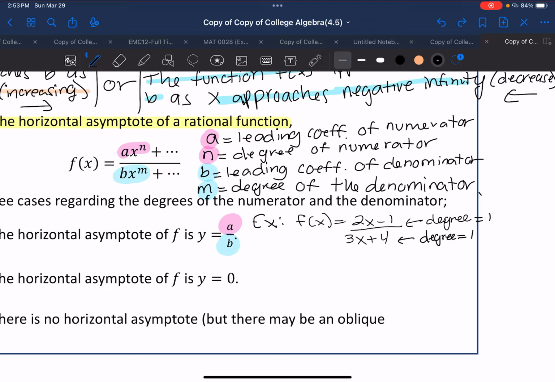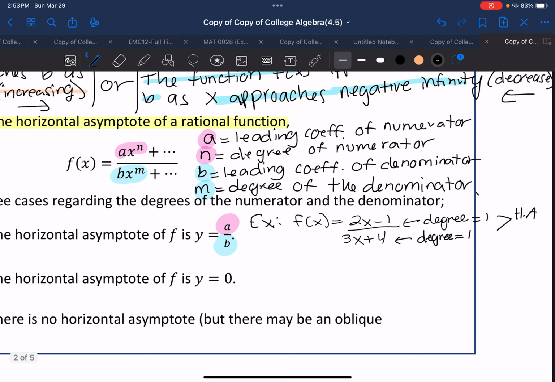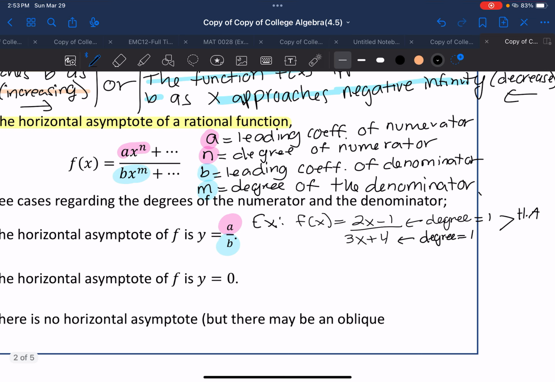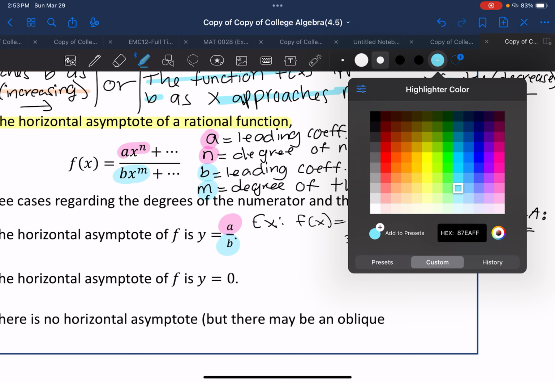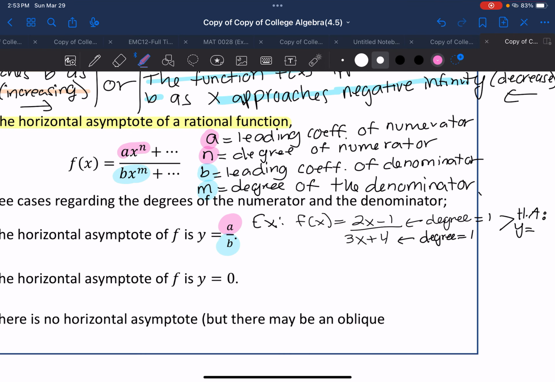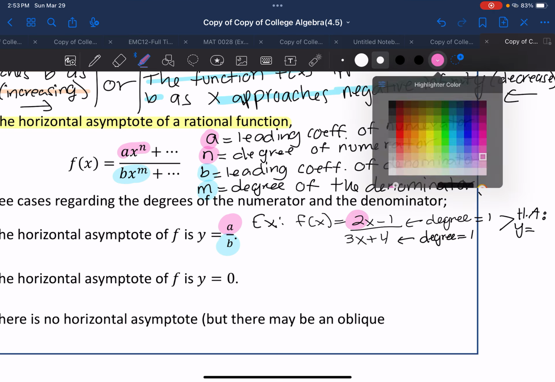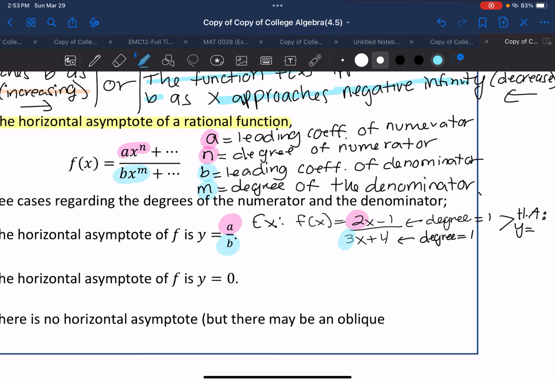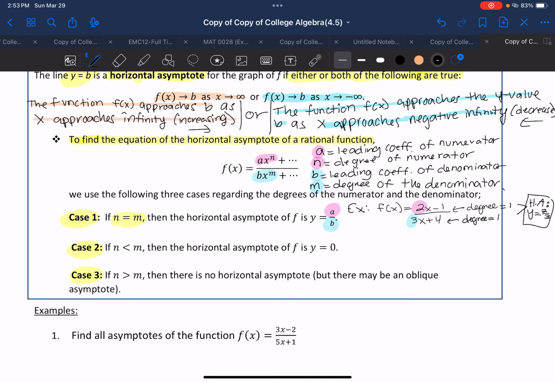So same degree means that the horizontal asymptote is y equals the same thing you see in front of those variables. So 2 over 3. So y equals 2/3 is the horizontal asymptote of that function.